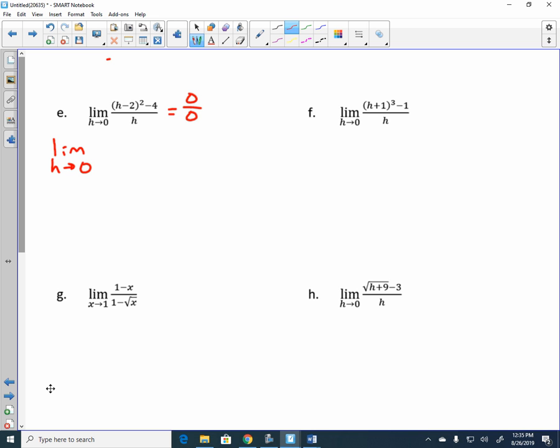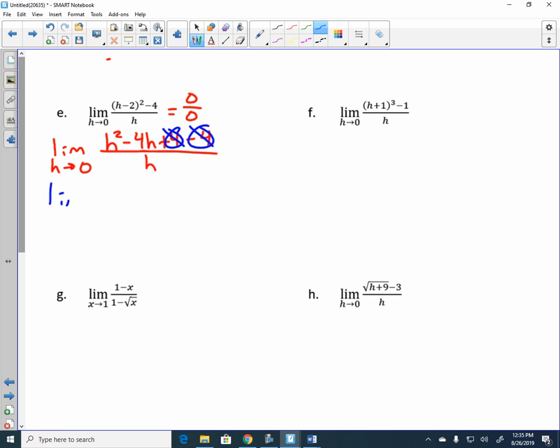Multiply it out, square it. Very good. So we would get h squared minus 4h plus 4 minus 4 divided by h. What happens to the 4's? They cancel.